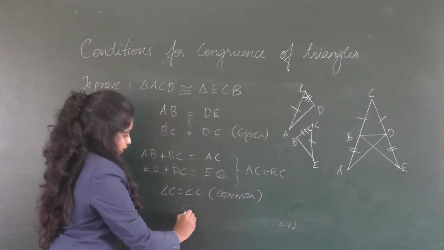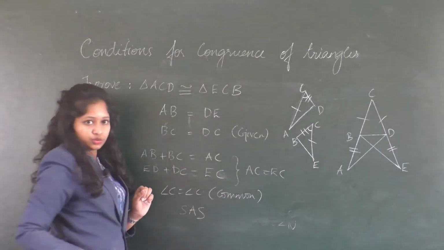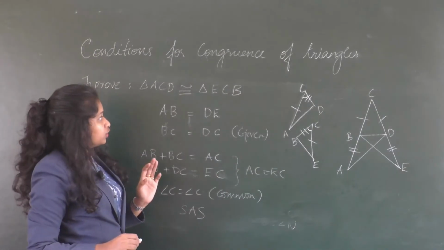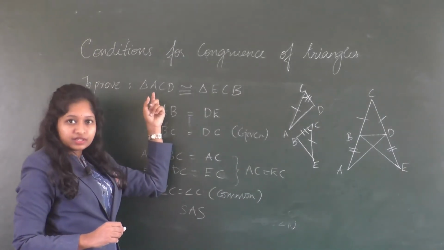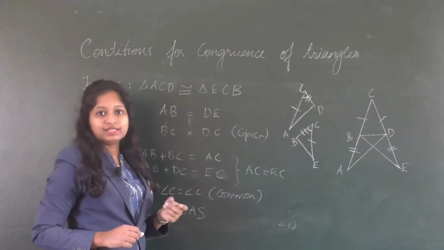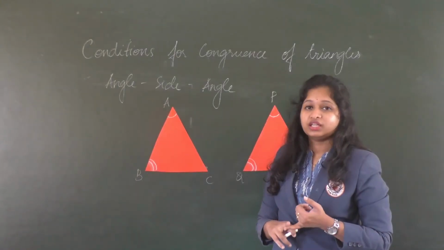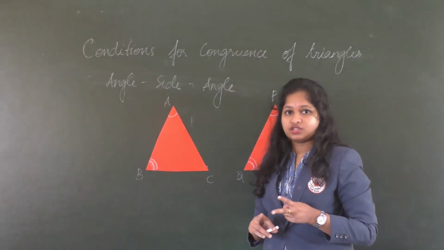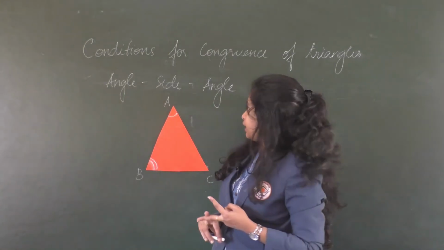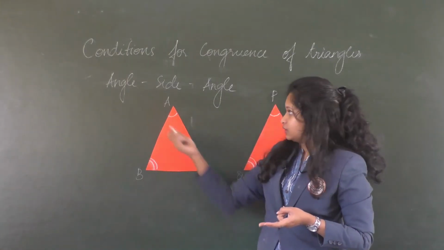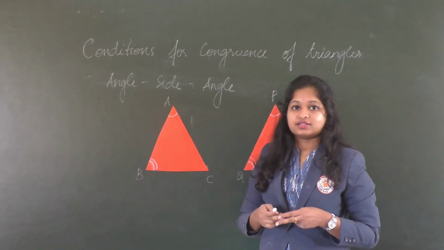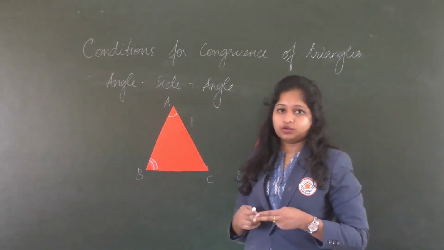That means by SAS congruency we can conclude that triangle ACD is congruent to triangle ECB. So children, we have completed two conditions, SSS and SAS. Now let's see angle side angle, that is ASA congruence.